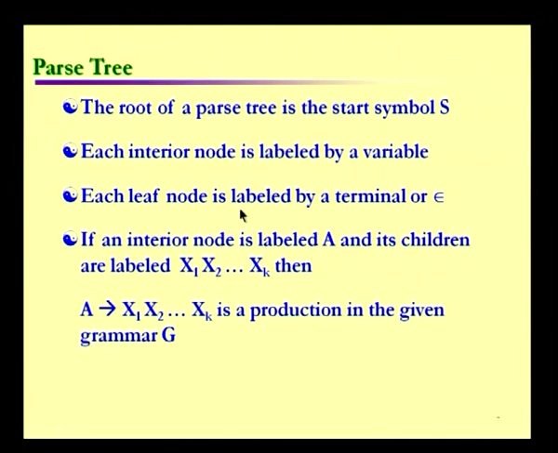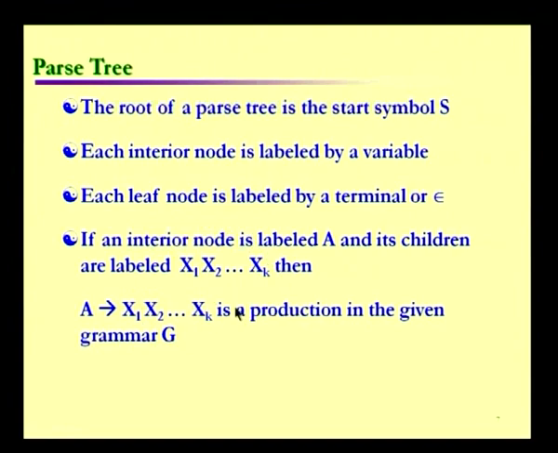And as far as the interior node is concerned, if there is a label for the interior node called A, and if its children are labeled with x1, x2, x3, etc. up to xk, this situation is possible only if there is a production of the form A derives x1, x2, etc. up to xk. So, this is actually the crux of the formation of parse trees.